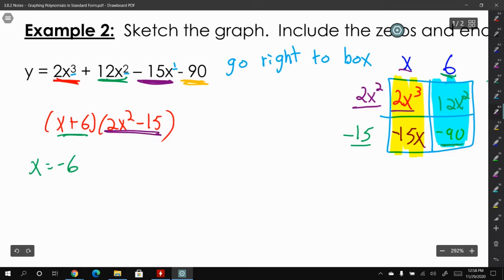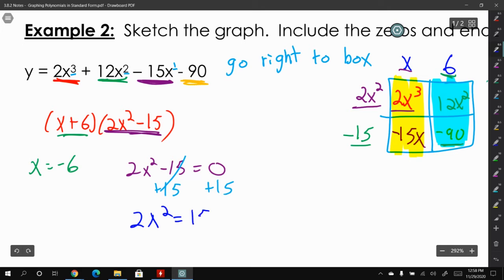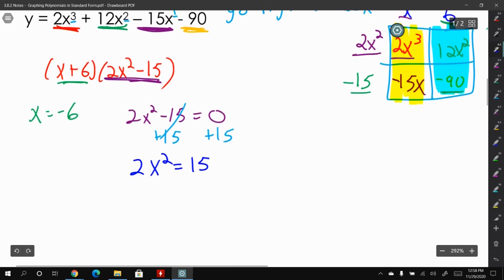So then I'm going to set 2x squared minus 15 equals 0. So add 15. We get 2x squared equals 15. And then we'll divide both sides by 2.